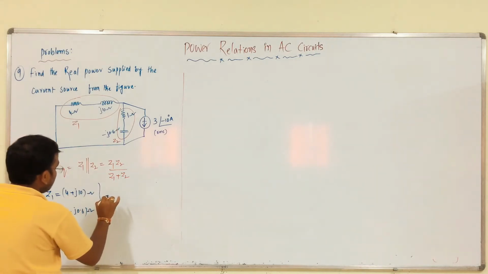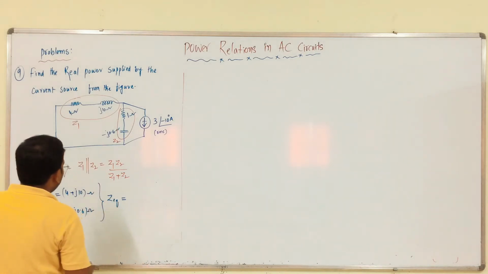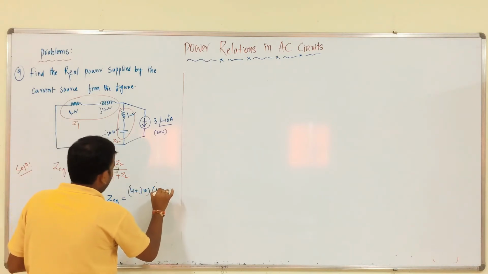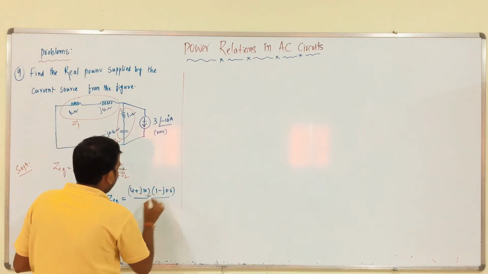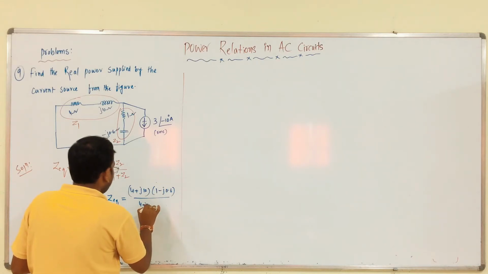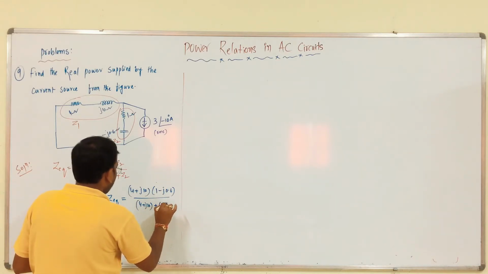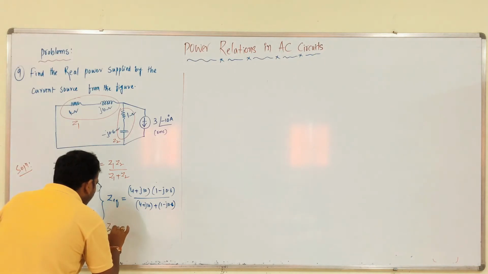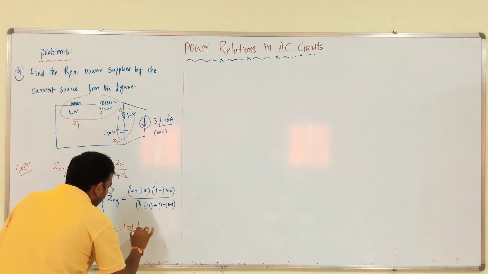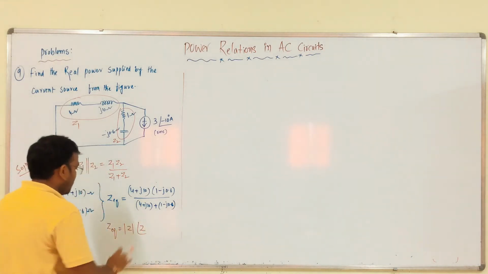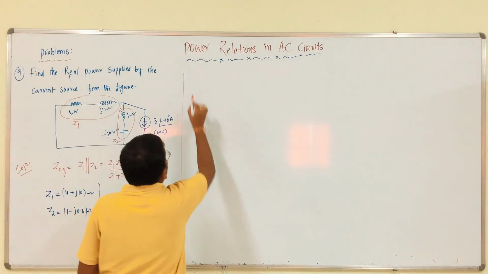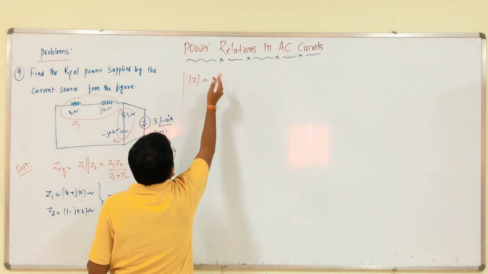So, from this Z equivalent is what? 4 plus j10 into 1 minus j0.6 by 4 plus j10 plus 1 minus j0.6, right. From this we can get Z equivalent is equals to mod Z at an angle phi. Now, we have to calculate the value of mod Z and angle.